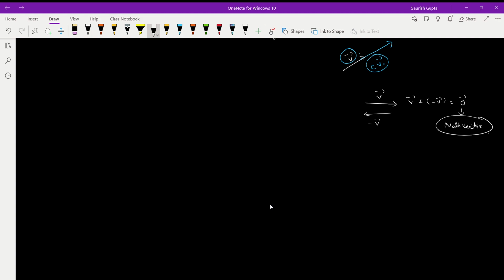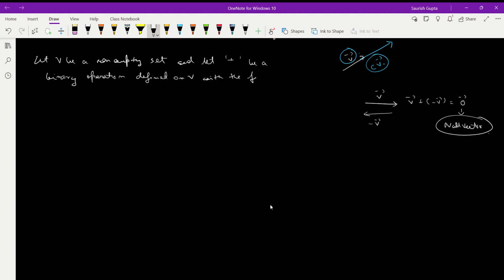This brings us to the concept of a vector space, where we say: let V be a non-empty set, and let plus be a binary operation defined on V with the following properties.